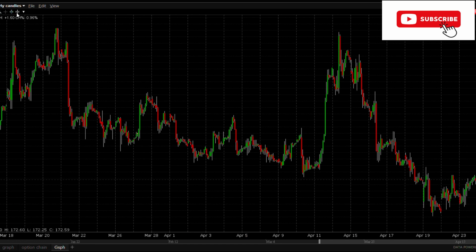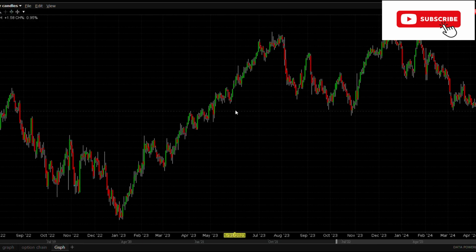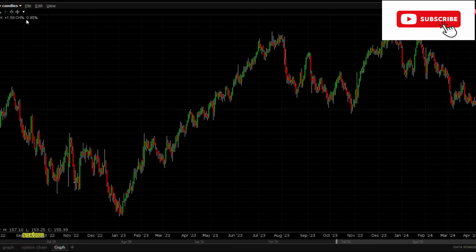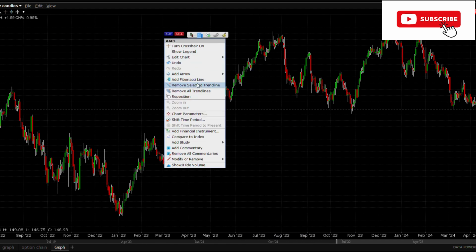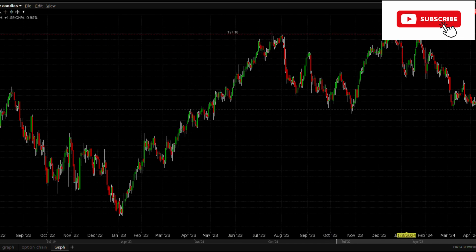I have an hourly chart for Apple, and my option strategy is that I want to sell an option maybe one month later, so I will look at the daily chart here. If you look at the daily Apple chart, you see how the Apple stock price moves. Now we draw the support and resistance levels.